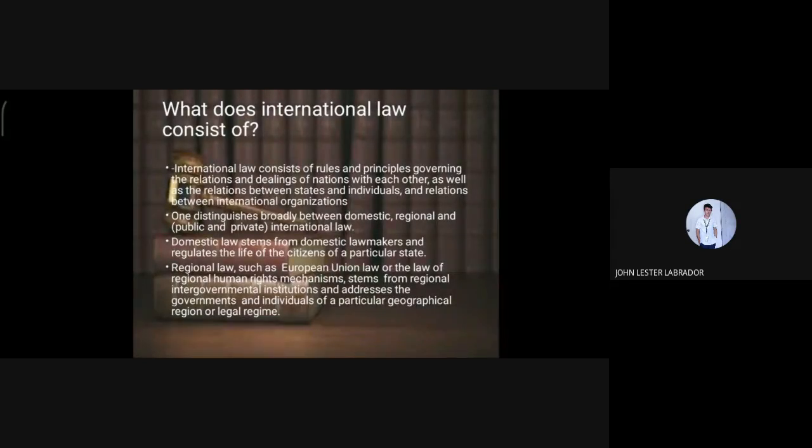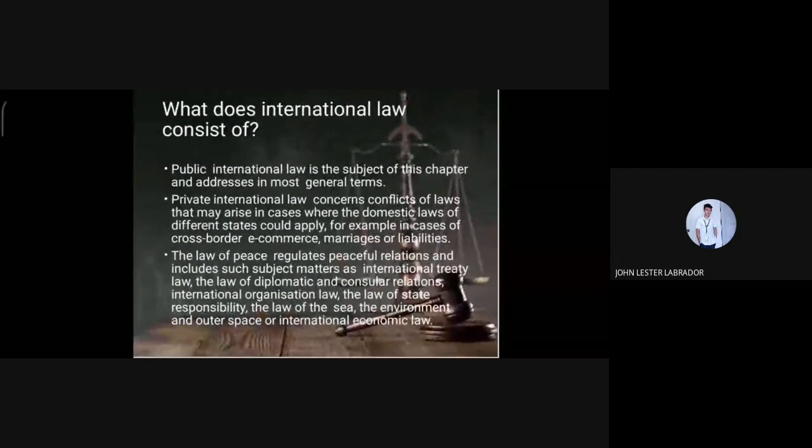Public international law is the subject of this chapter and addresses, in the most general terms, relations involving states, intergovernmental organizations, and non-state actors, which include individuals, non-governmental organizations, and private corporations.